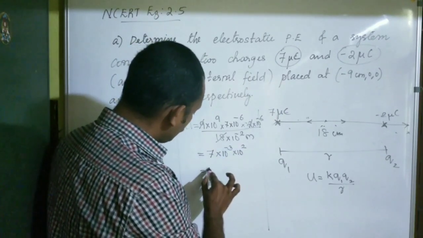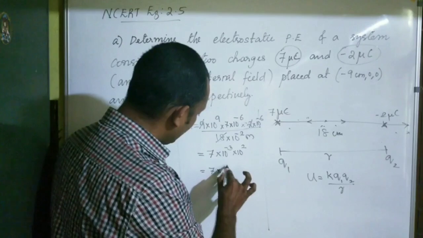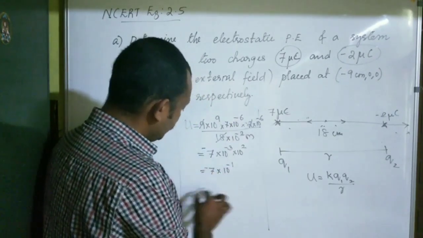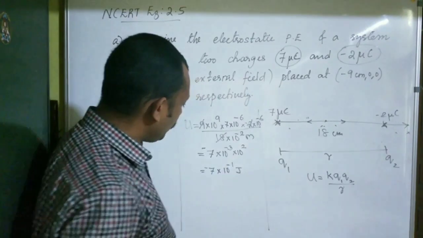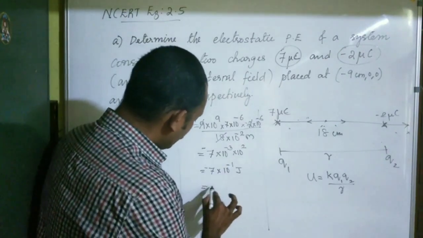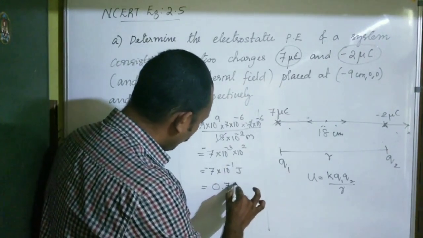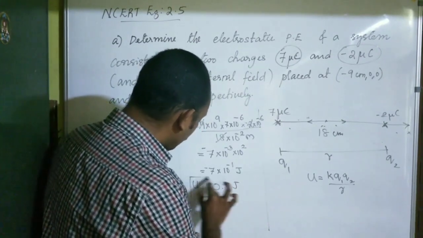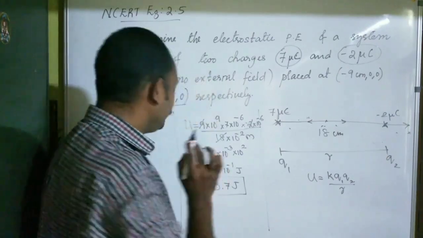This is 7 into 10 raised to minus 1. I have to say there is a minus here because the second charge is negative. 7 into 10 to the power minus 1 joule, and the answer is minus 0.7 joule. This is the initial potential energy of the system.